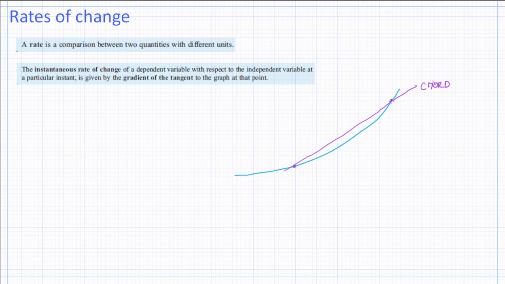However, if you're able to get this point closer and closer, there will be a point at which it's so close that you can pretend it's tangent at that point. And when it's tangent at that point, that's going to be instantaneous.